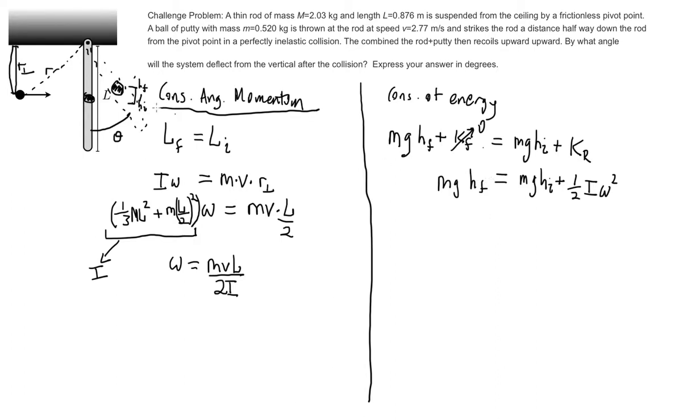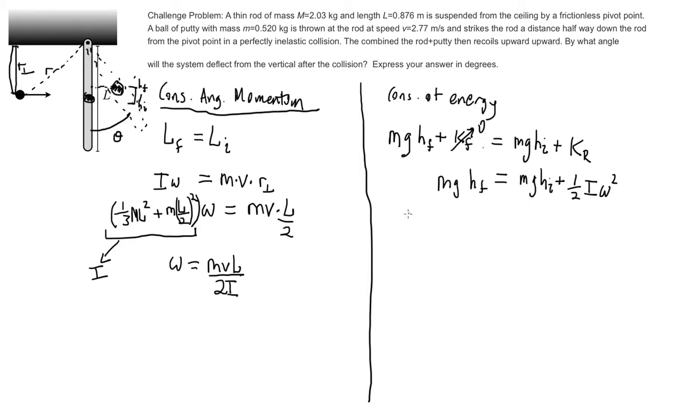When we're all done, this distance is going to be swung out at some angle, and it's going to have a height measured down from the top.